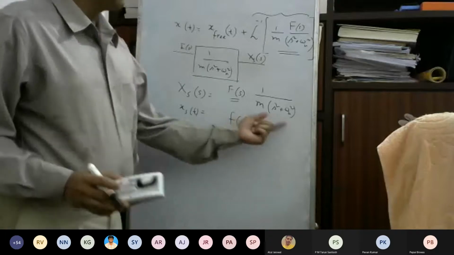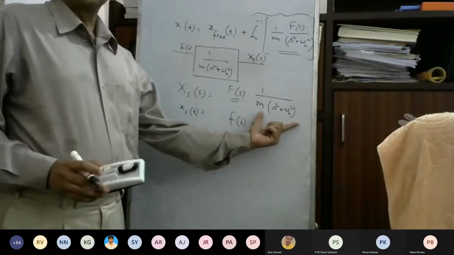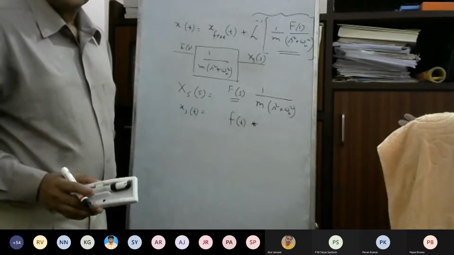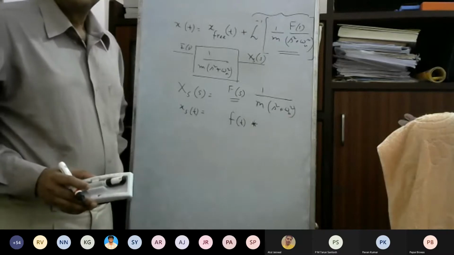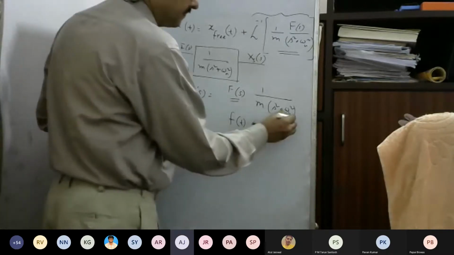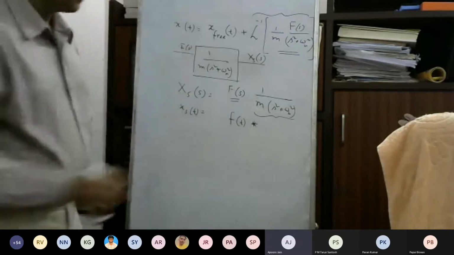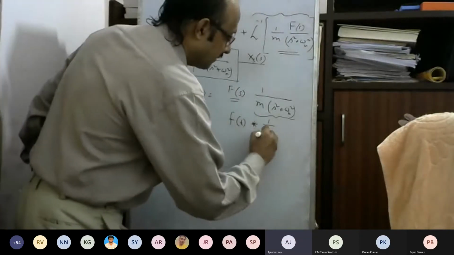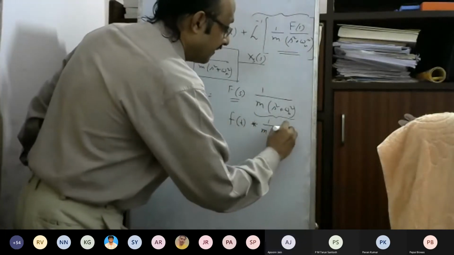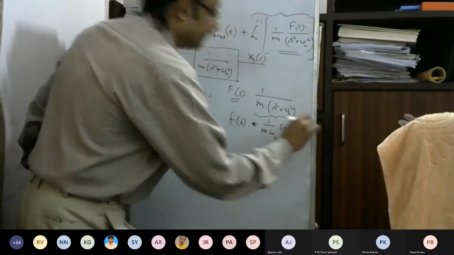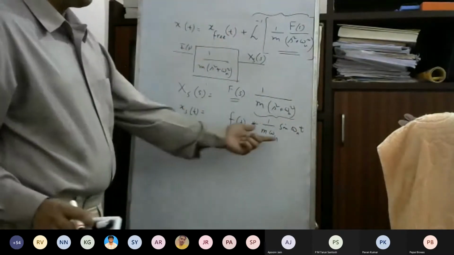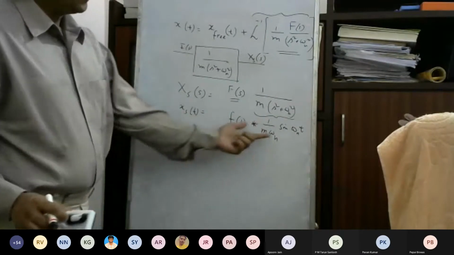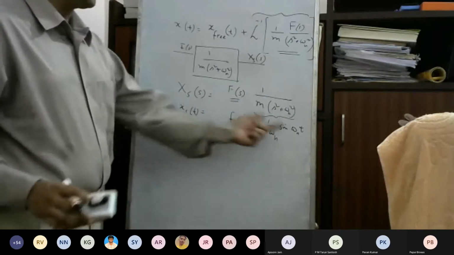So ft star, and what is the inverse transform of this second part? 1 by m omega n sin omega n t. Omega n denotes the natural frequency, so you should not forget the n. So this is the convolution of these two functions.